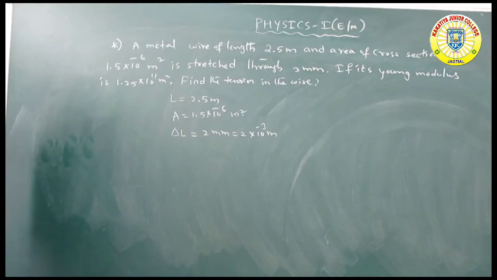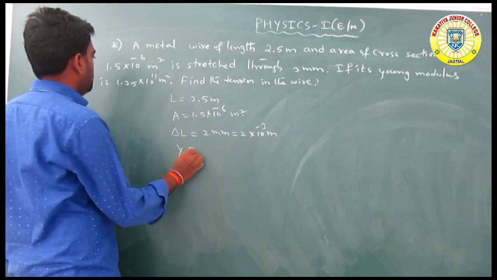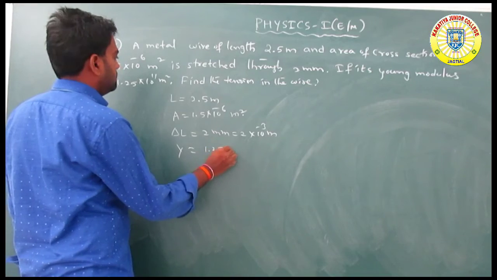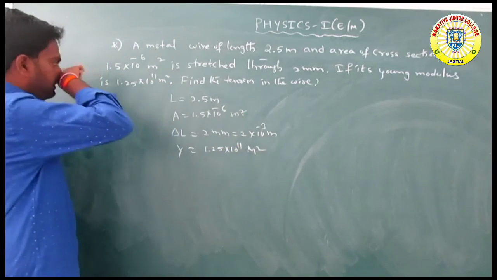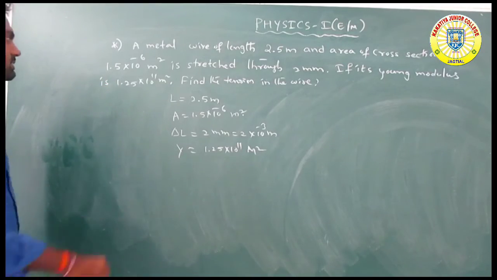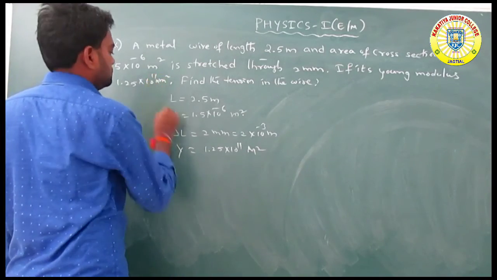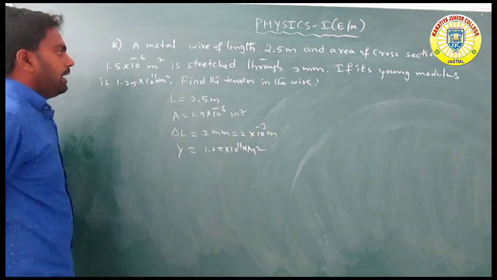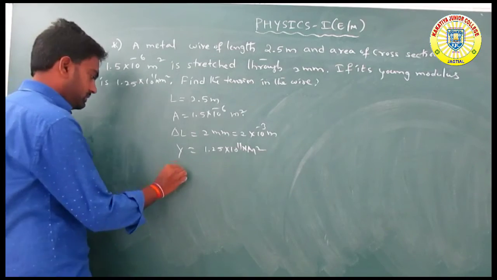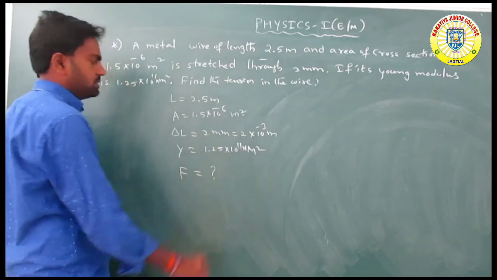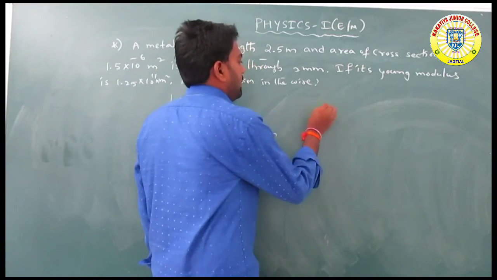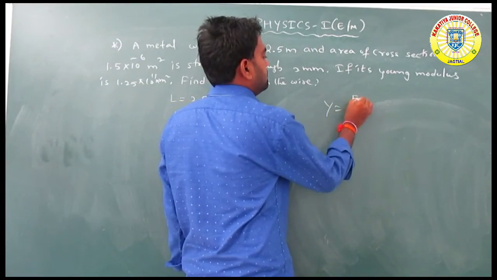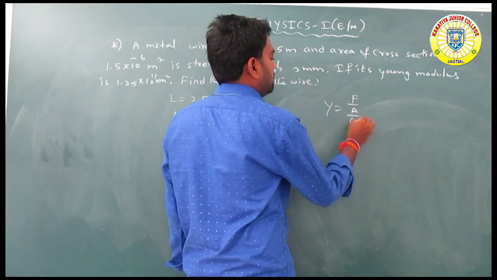And the Young modulus is also given: Y is equal to 1.25 × 10^11 Newton per meter squared. So we need to find the tension, that is the force F, equal to question mark. We know that Young modulus Y is equal to (F by A) divided by (delta L by L).